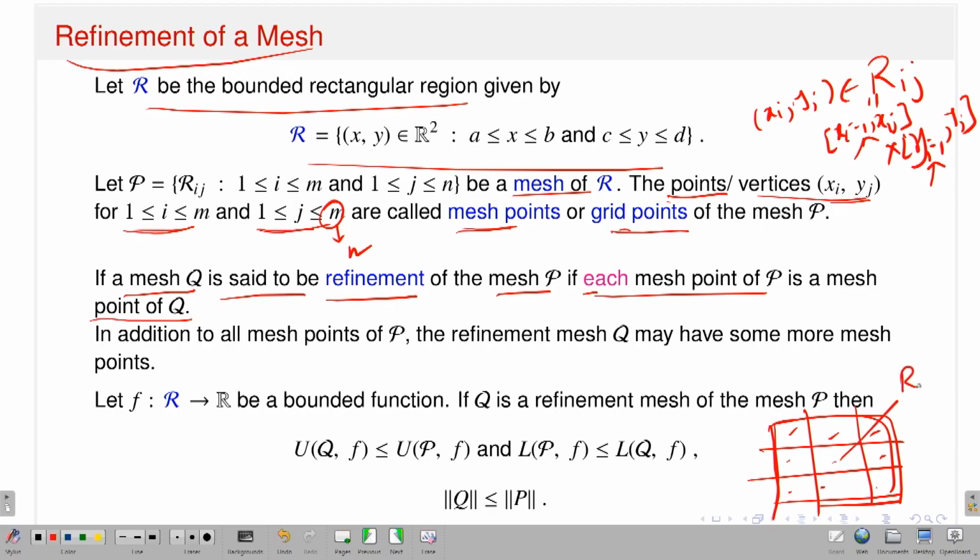Suppose this is my cell R_ij of the first partition. Then I want a finer partition of my rectangular region. What you have to do is look at this cell R_ij and take a partition there itself. That means you take a finer partition there also, and do this for all cells R_ij. So, that means this.